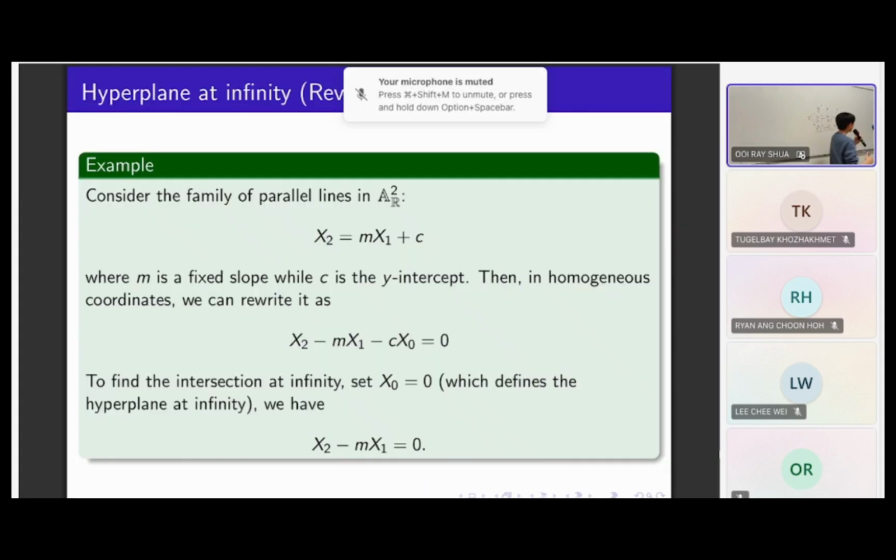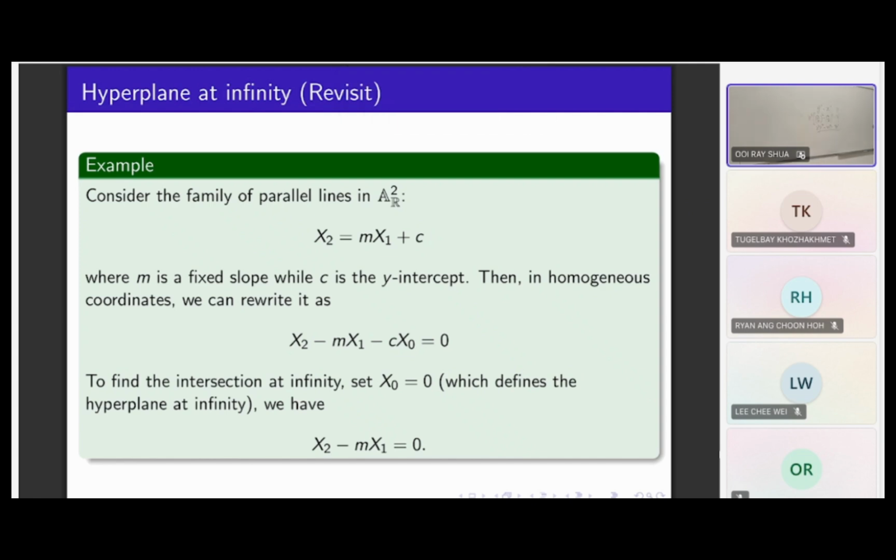Yay, example. This is actually from one of the motivations, the art perspective, like the parallel lines that lead to infinity. So now we are doing it the math way.